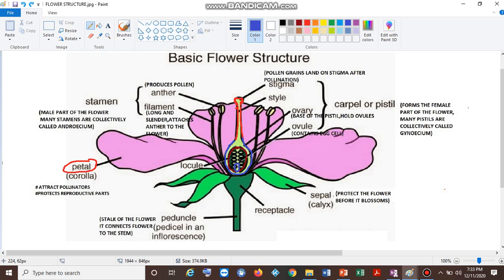Now what is this part? This is called receptacle or the base of the flower, where all the parts rest.